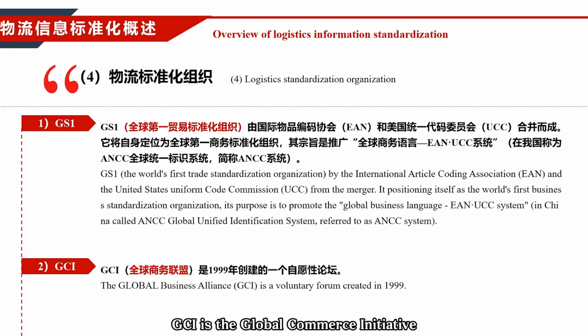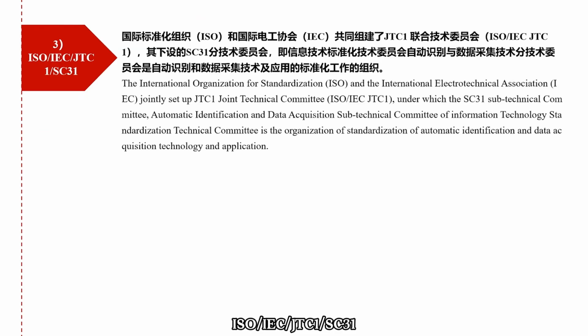2. GCI is the Global Commerce Initiative, a voluntary forum created in 1999. 3. ISO or IEC or JTC1 SC31.